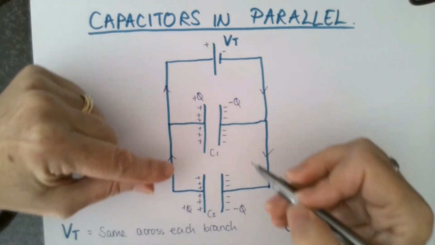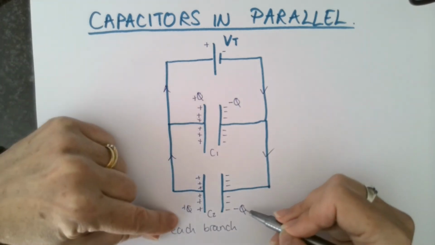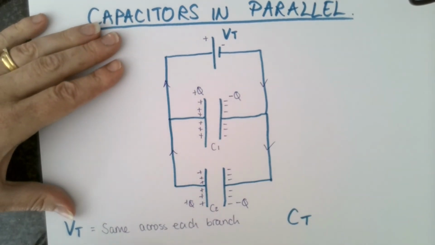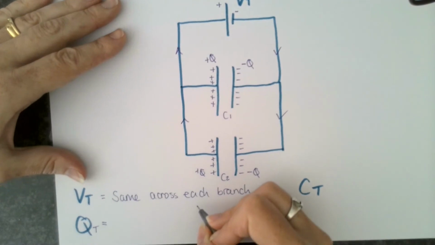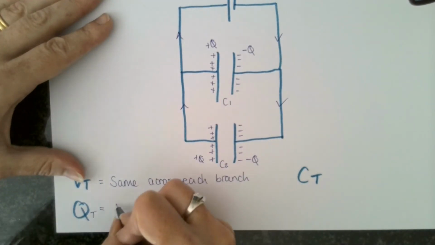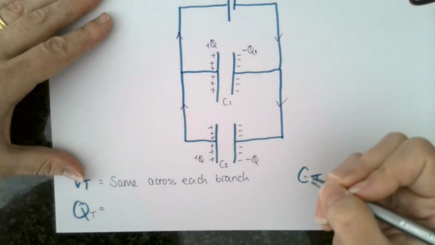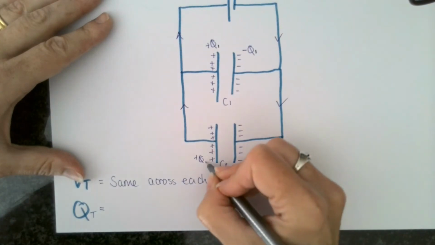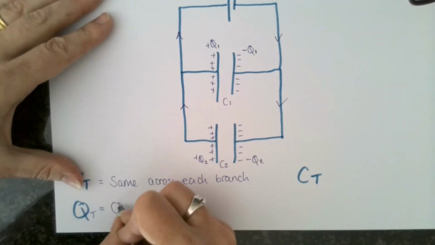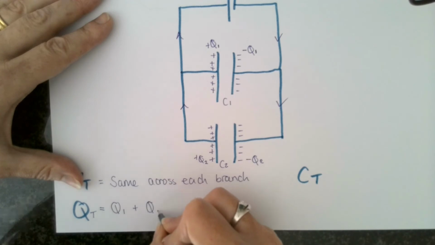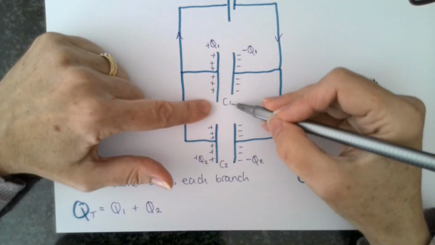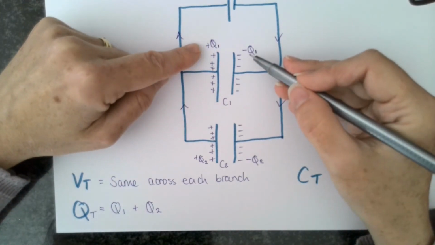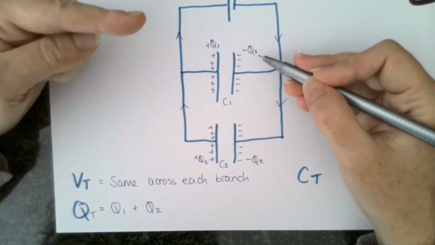But we've actually got double the charge stored in our circuit. So Q total is going to equal the charge stored on Q1 and the charge stored on Q2. Now, if the capacitance of C1 and C2 is equal, then you would have the same charge stored on capacitor 1 as on capacitor 2, so you would just have 2Q.